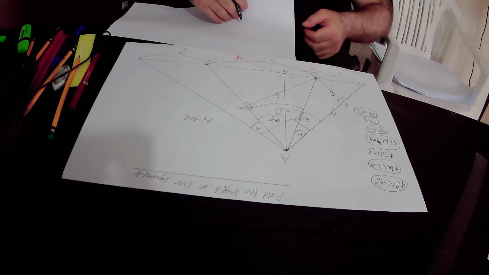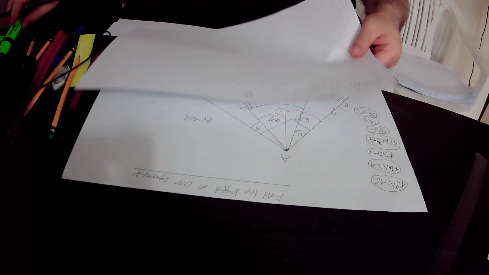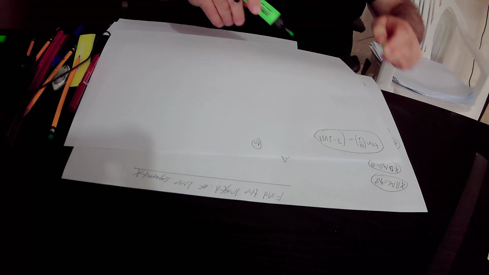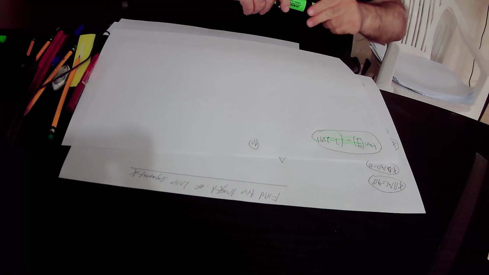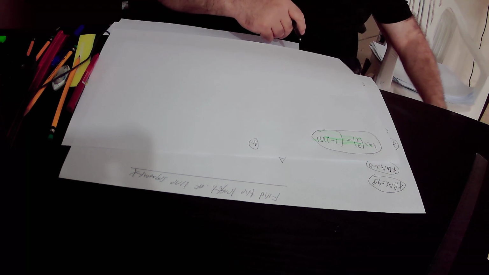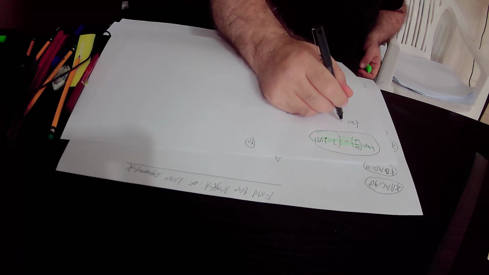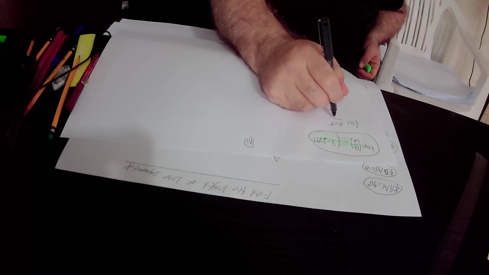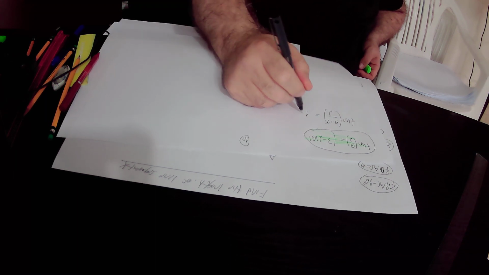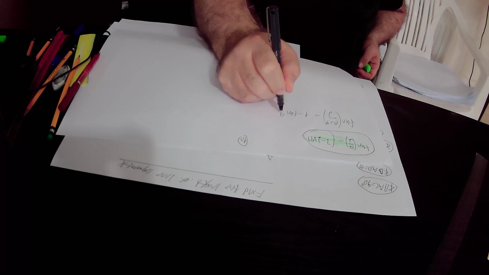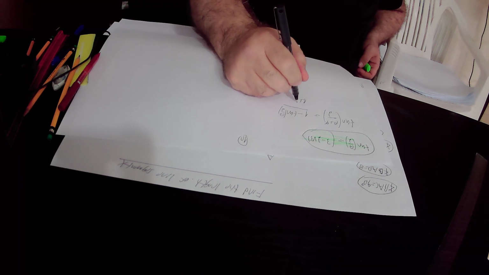Now we can put this value inside the equation of tangent (theta plus alpha) over 2, and we find out its value. We have already found out that tangent (theta plus alpha) over 2 is equal to (1 minus tangent theta over 2) over (1 plus tangent theta over 2).